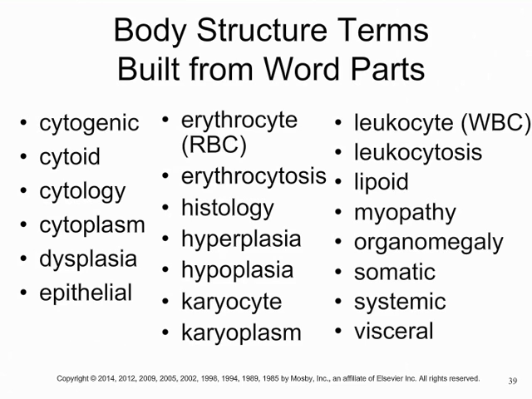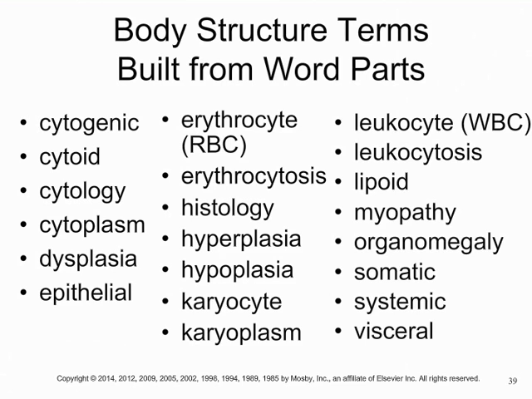So you'll notice a lot of these are going to repeat over and over again. Another example is plasia, which means growth, and you can either have excessive or deficient growth, so that's where hyperplasia and hypoplasia come in. Other things on here, we already talked about erythrocyte and leukocyte, but they're on here also.